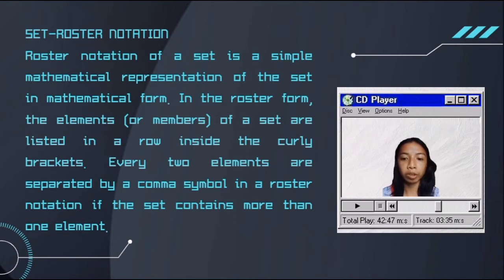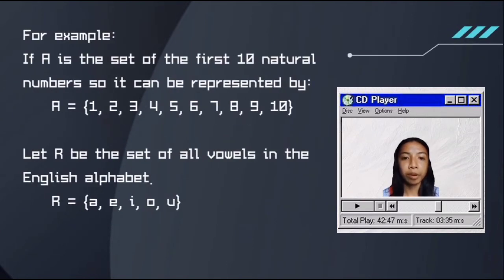For example, if A is the set of the first 10 natural numbers, it can be represented as A is a set that contains the elements 1, 2, 3, 4, 5, 6, 7, 8, 9, and 10. Let R be the set of all vowels in the English alphabet. R is a set that contains the elements A, E, I, O, U.